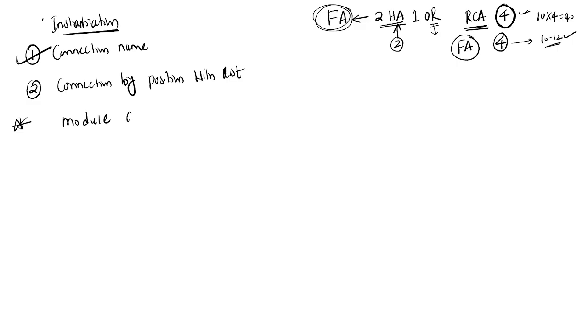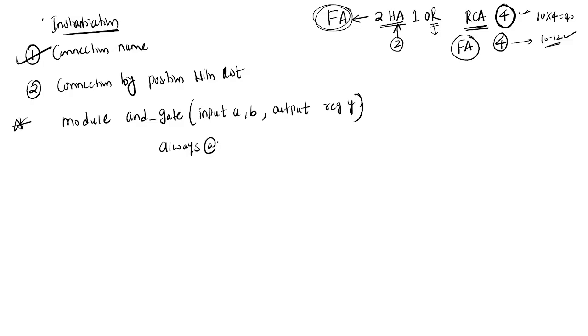Module, and the module name is and_gate, and you need to declare the input a comma b, and output y. Remember, I'm using behavioral modeling. If you are using behavioral modeling, the output should be reg data type. Always, this I will tell you.